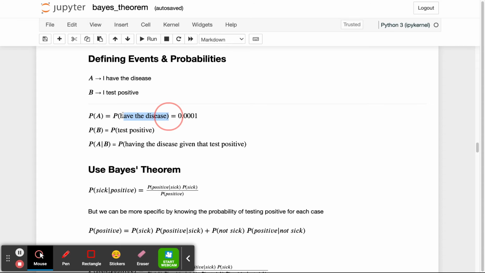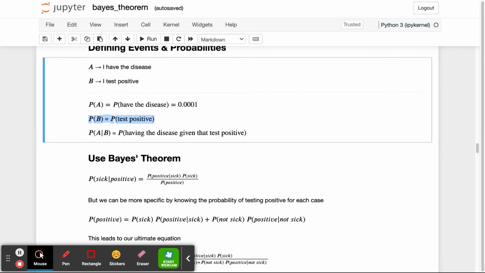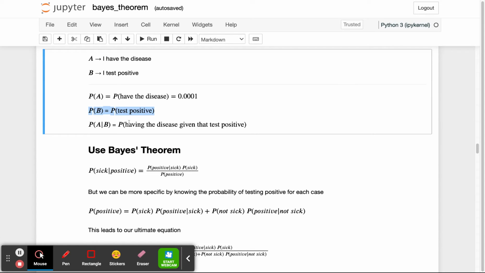So the prior probability of having the disease, 0.0001. The probability of testing positive, we don't know that. The probability of having the disease, given that we test positive, that's what we're trying to find, right?